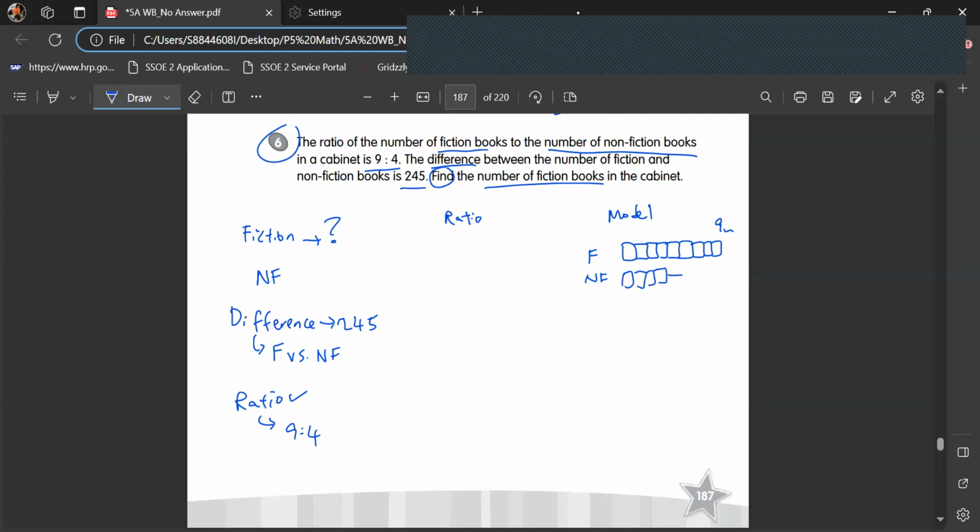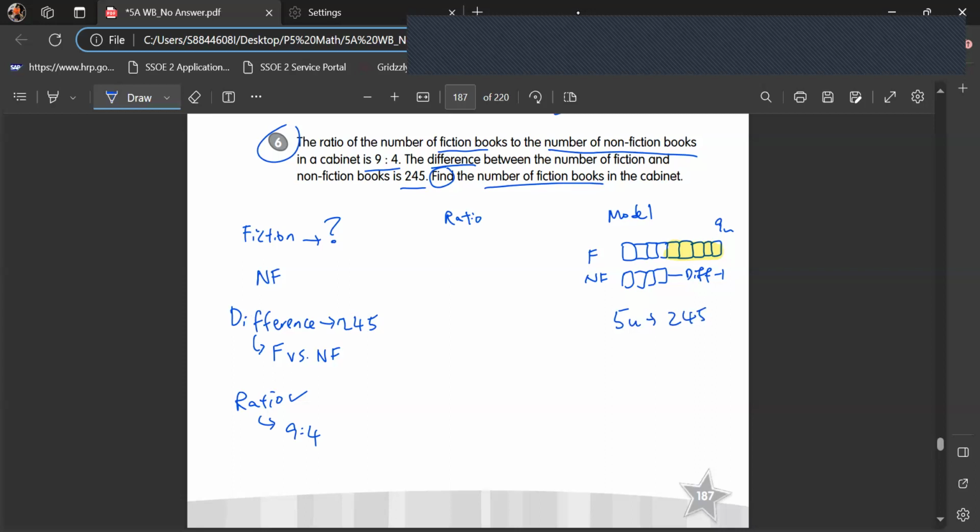So this is the difference. 5 units is the difference. 5 units is 245.